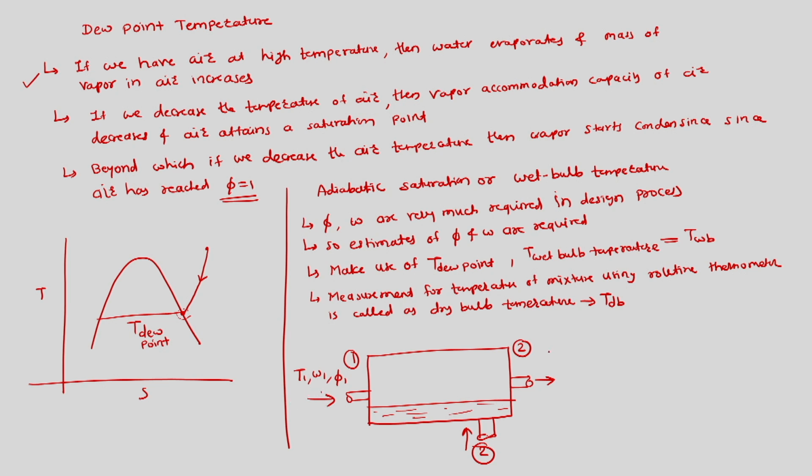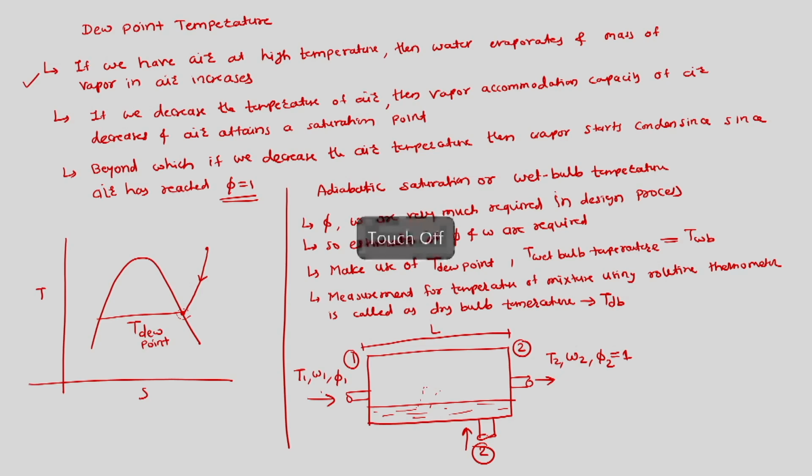So it will go out with temperature T2, and then it will have specific humidity omega 2 and relative humidity phi 2, but phi 2 is equal to 1, since this length is large, such that this water is evaporating into the air and it is getting accommodated in the air at every station, and air is having more and more water vapor getting accommodated in it, such that at the exit when air comes, it would have reached phi equal to 1, which is the saturation state for the vapor.